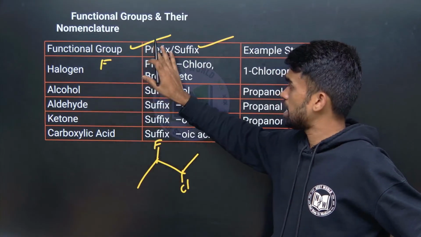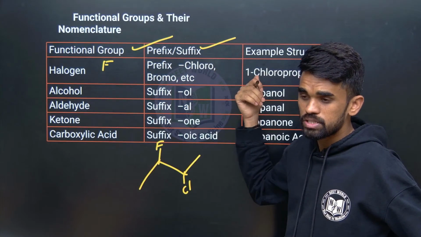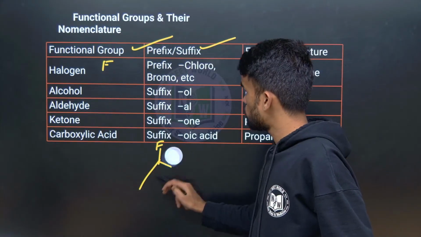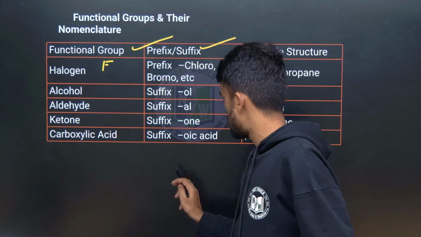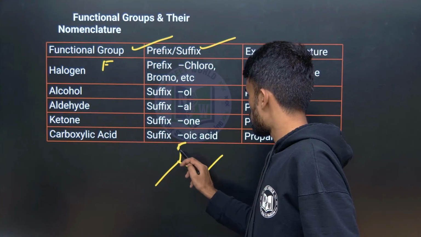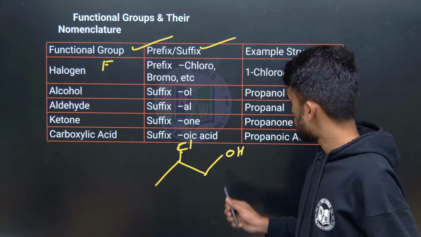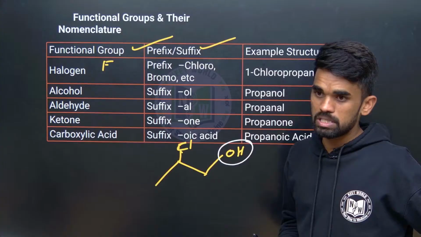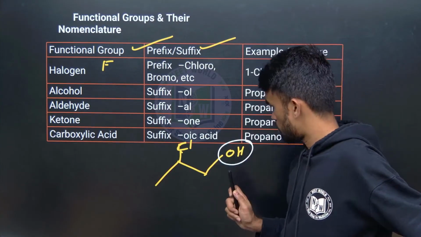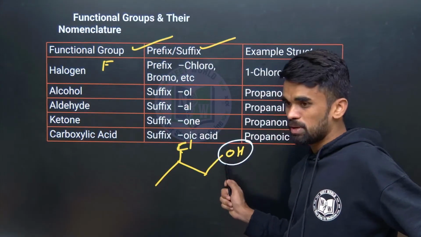Okay. Next, alcohol. If we are using it as suffix, you should say ol. If we are using it as prefix, you should say hydroxy. So when to use prefix and suffix? For example, in the given compound, here we have chlorine, here we have ol, OH. Now OH is the more priority functional group here, so I will tell you the priority of functional groups also. I am saying OH is the priority functional group, so this is the principal functional group.